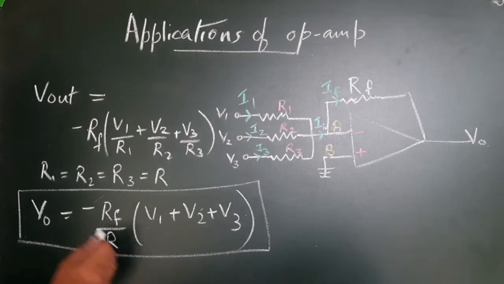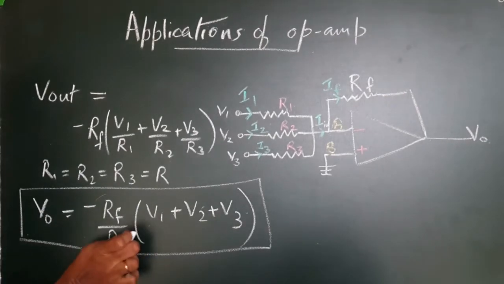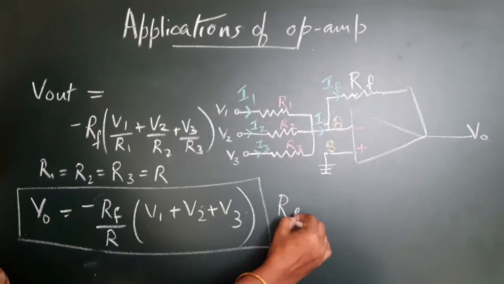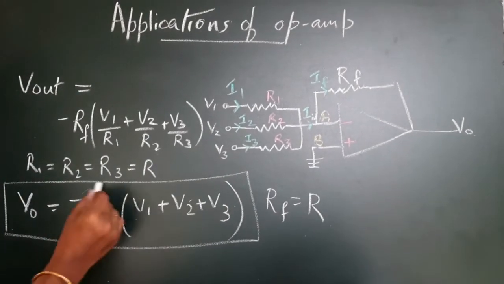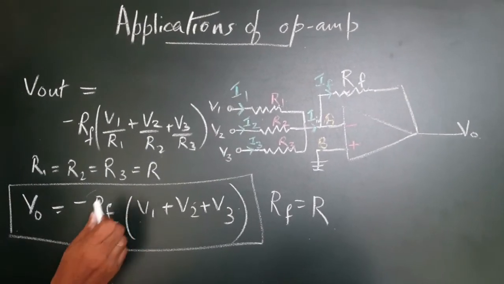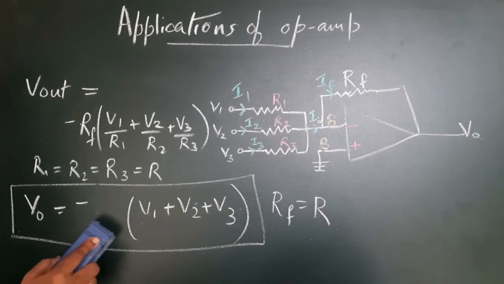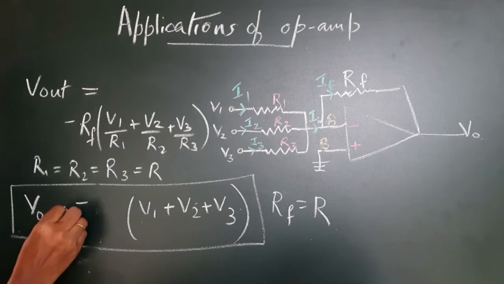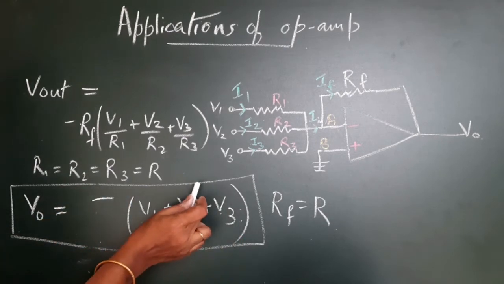So, if you choose this scale factor is equal to 1, that is, if you choose RF is equal to R, then what will happen? The scale factor will go to 1 and your output would be V out is equal to minus of V1 plus V2 plus V3.